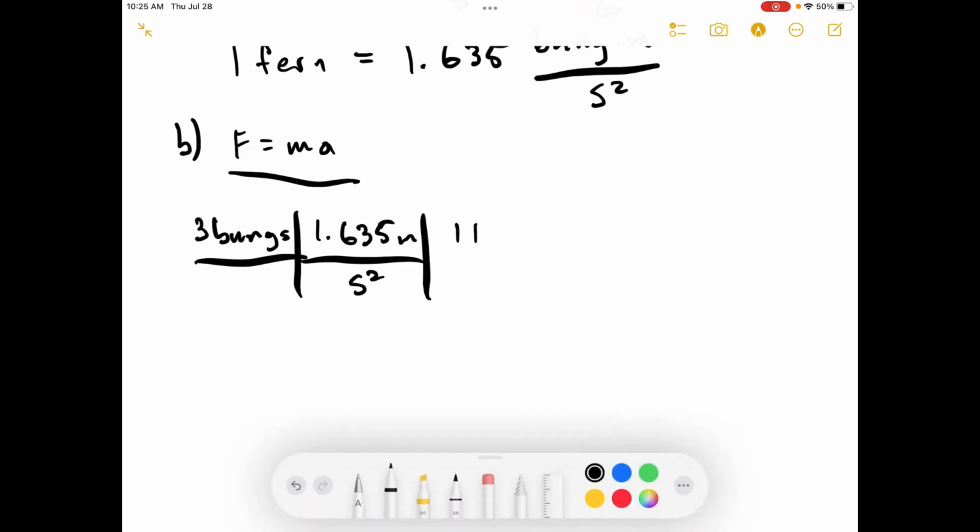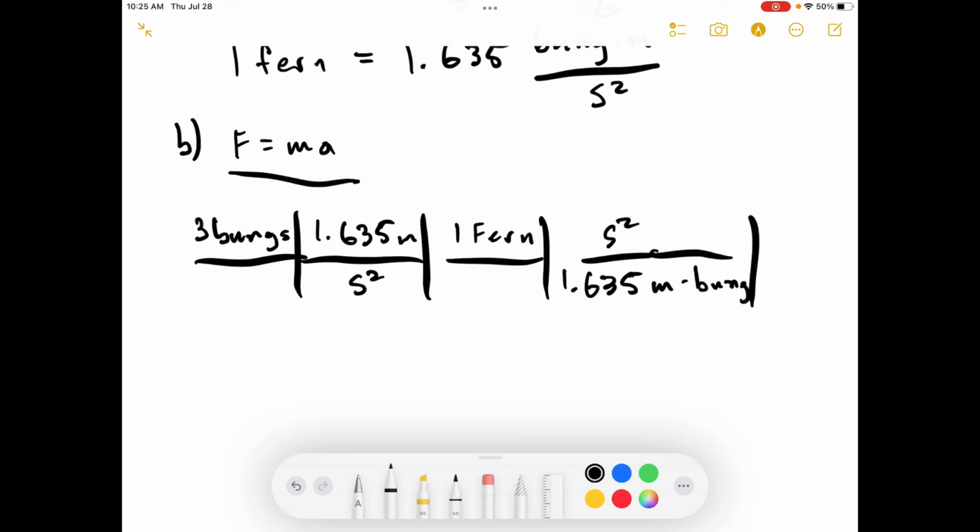So one fern is equal to 1.635 bung meters per second squared. So these units cancel out, and we're just left with ferns, so this equals 3 ferns.